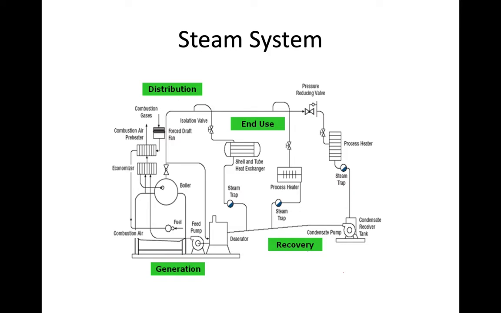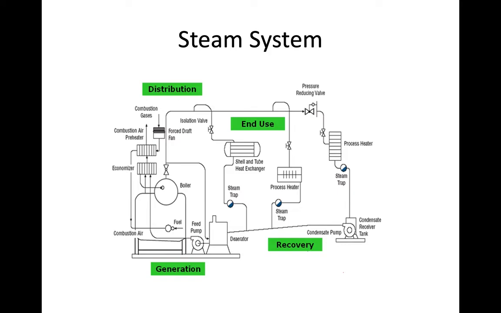The main equipment in steam generation is the boiler itself, maybe the most expensive one in the steam system, the equipment that converts water to become steam.